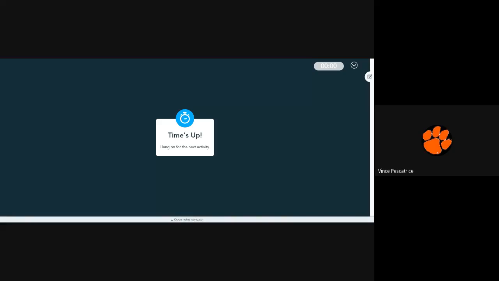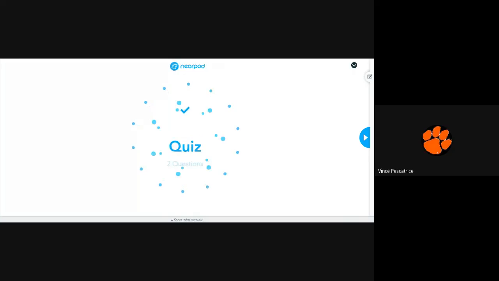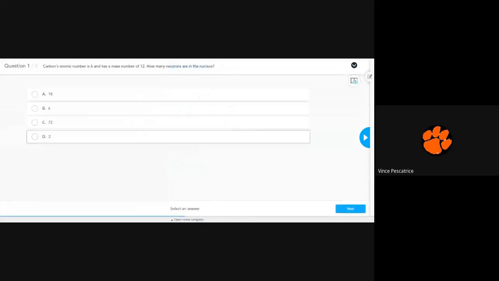I want you to apply this logic to the first question on this quiz. Not the second question, the first question. You've got a 2-question quiz. In order to find the number of neutrons in an atom, you subtract the protons, which is the atomic number, from the mass number, because the mass number is equal to the protons plus the neutrons.